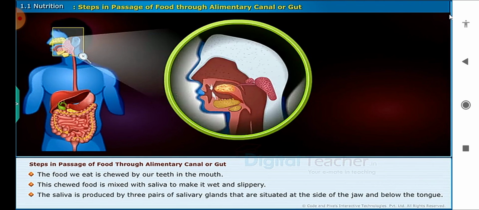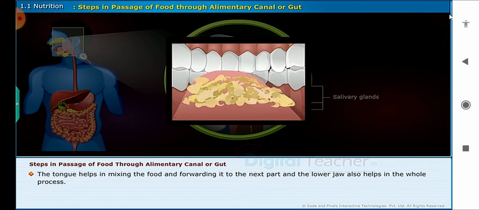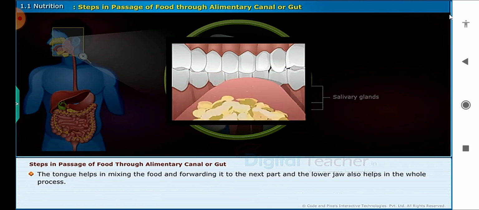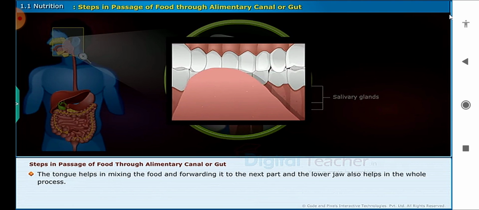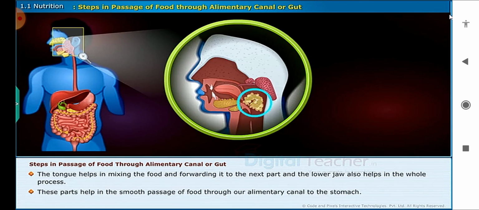The saliva is produced by 3 pairs of salivary glands that are situated at the side of the jaw and below the tongue. The tongue helps in mixing the food and forwarding it to the next part, and the lower jaw also helps in the whole process. These parts help in the smooth passage of food through our alimentary canal to the stomach.